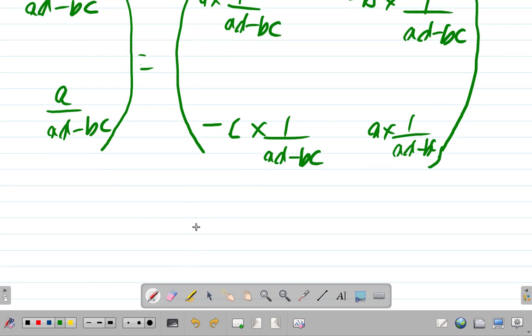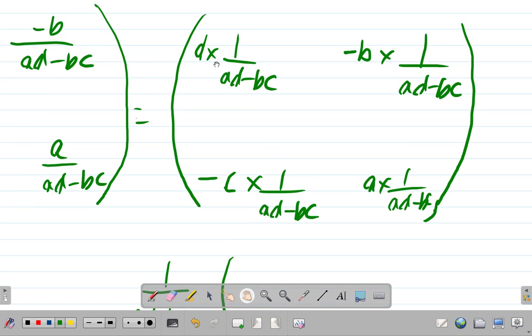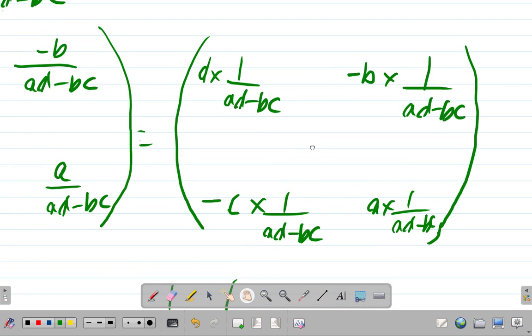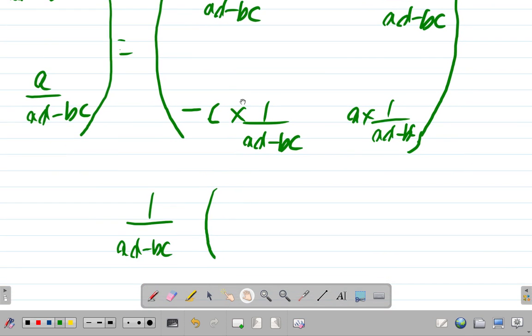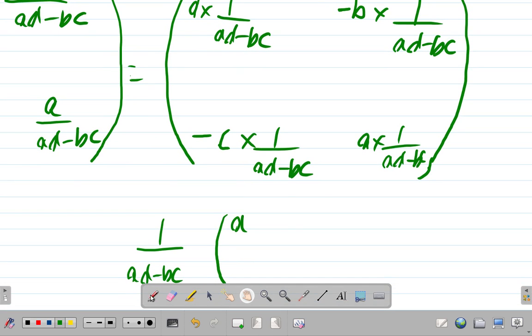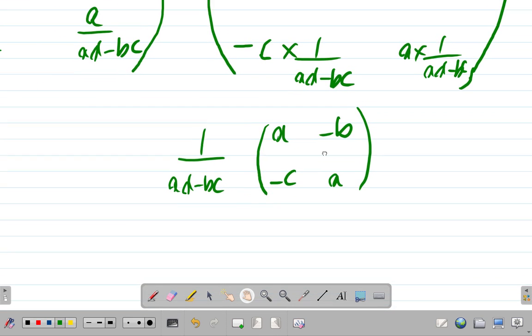So what we have is 1 divided by AD minus BC multiplied by D comes up here. This here is negative B, is negative C, and this is A. Aha! There you have it.